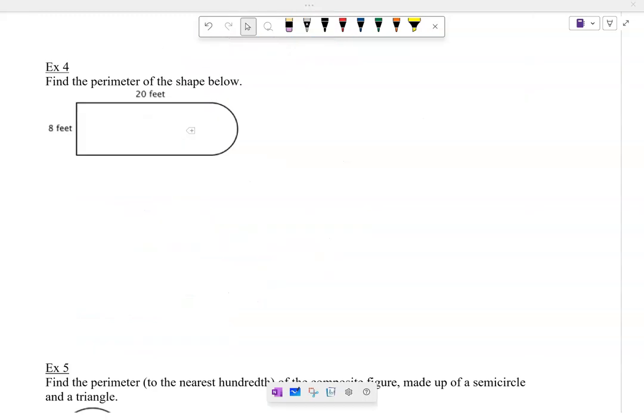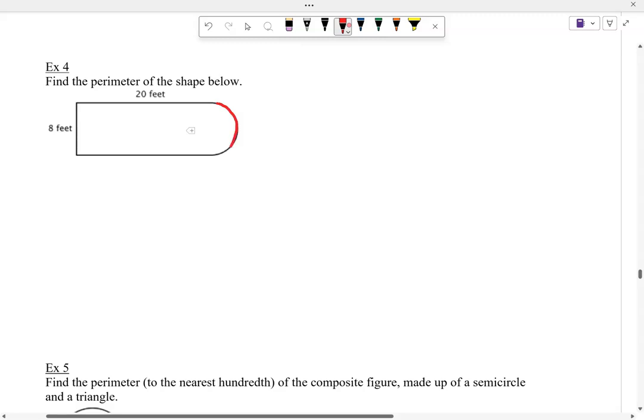So if I'm thinking about the perimeter of this, it's kind of interesting because I got this 8 feet, I got this 20 feet. You know, the question though is how far is it around that? And that's half of a circle. Well, what's the distance around a circle called? Circumference, exactly.